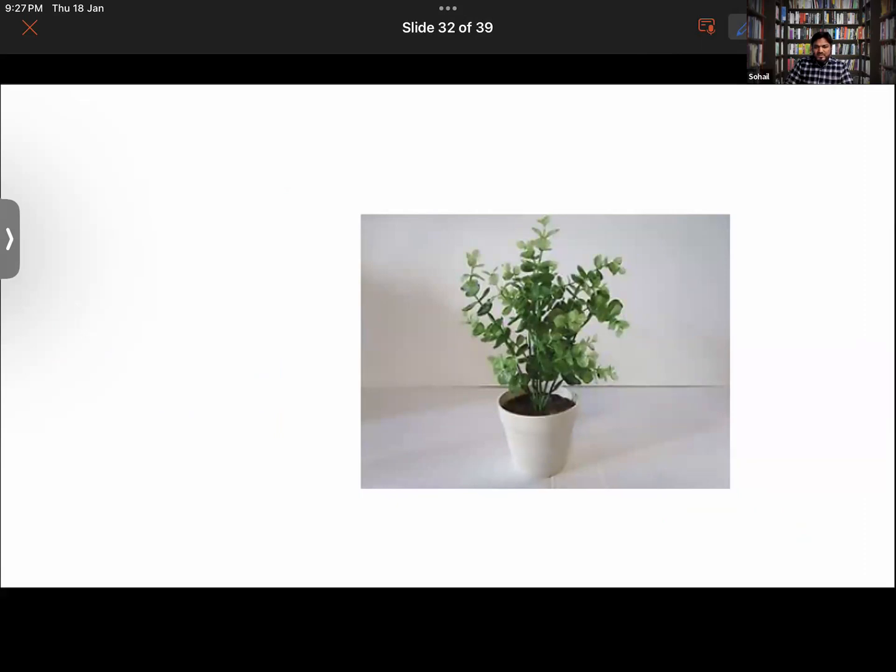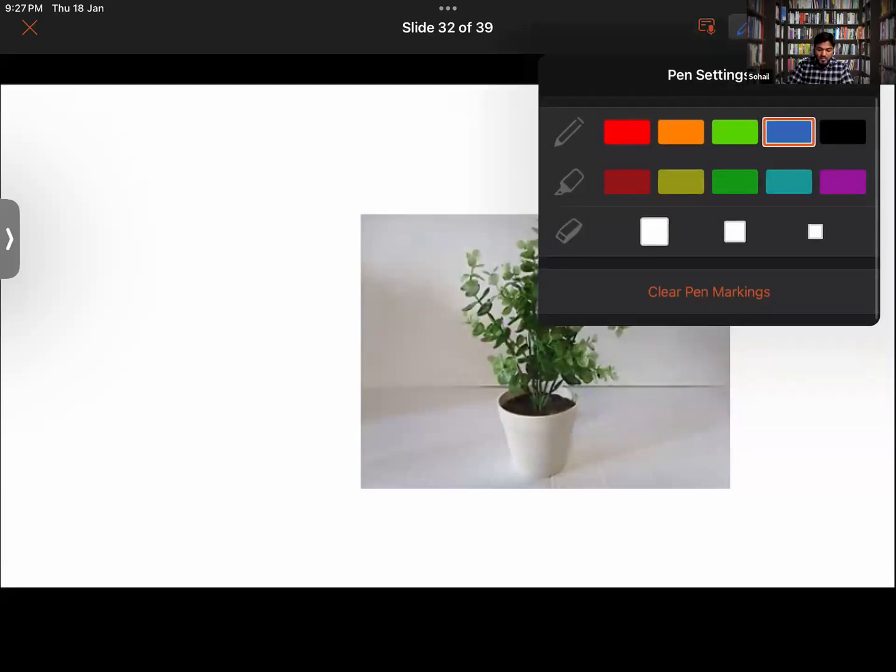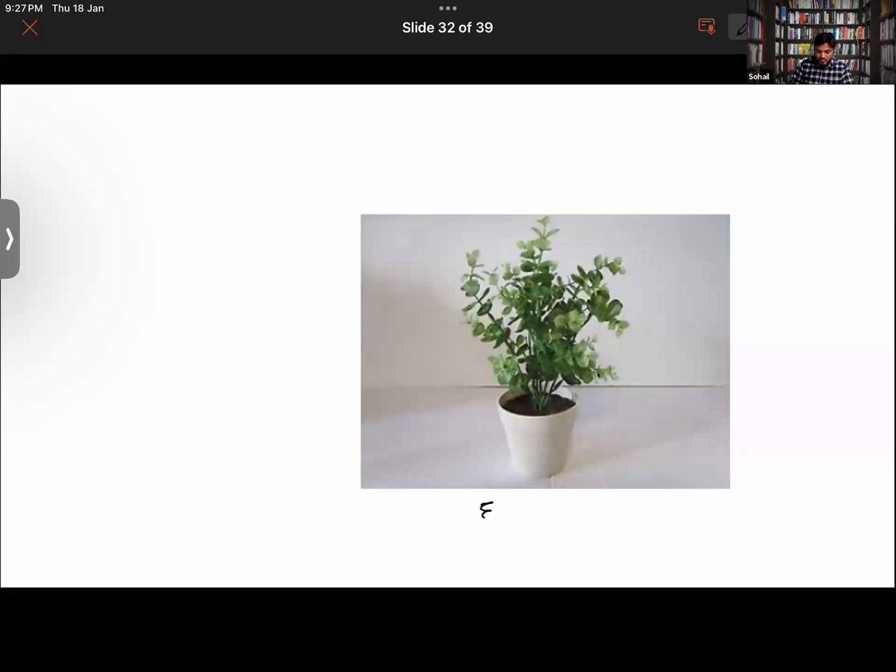Okay, have a look at this image. We still have a few minutes left now. That is which plant? Eucalyptus plant, no? What is special about this? Sir, it helps in keeping the air in the house clean.